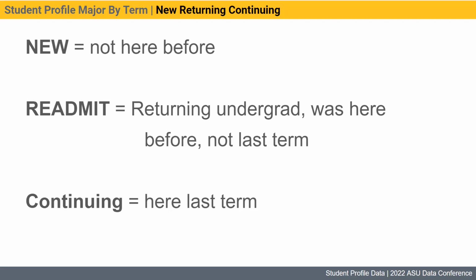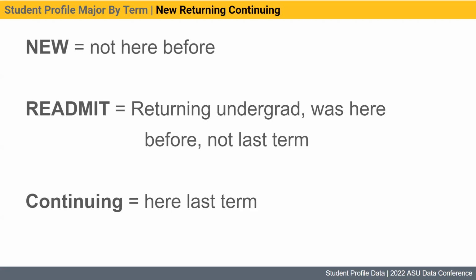So the first part is knowing who a first-year student is, whether they're new or not. So new is fun. I'm just going to say for now, it means they were not here before, but there's a lot that goes into that. If they were here before, then in student profile, it's readmit, which I put in caps to explain that in the table. It's readmit because back in the day, they all were readmitted.